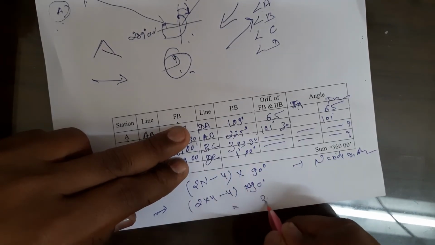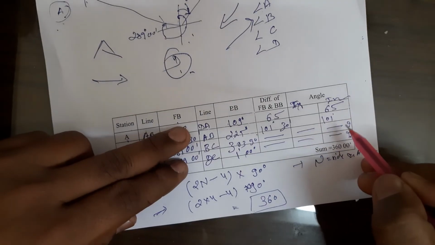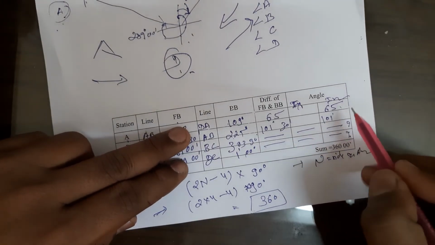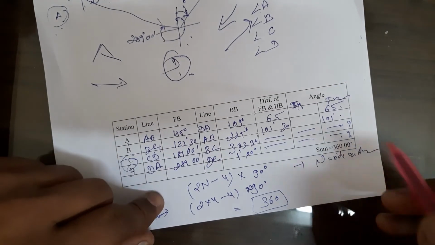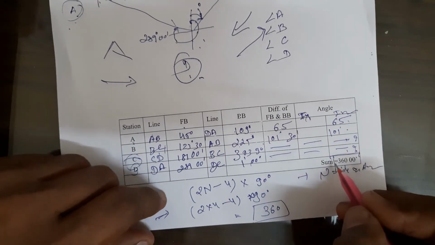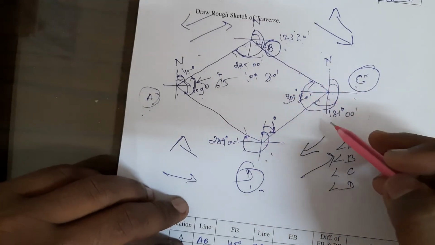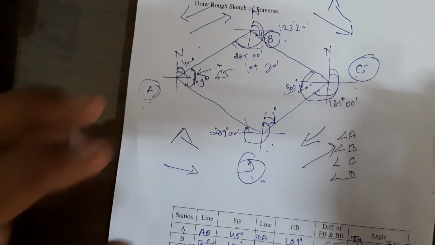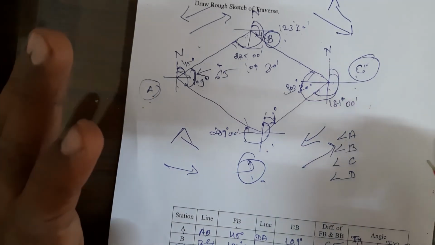We will get 360 degree. If the total of the 4 angles, angle A, angle B, angle C and angle D, is equal to 360, then your calculation or your traverse is correct.